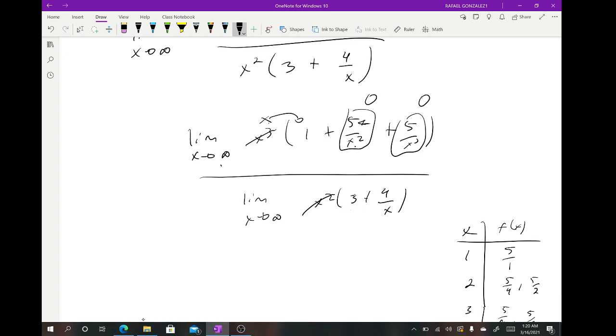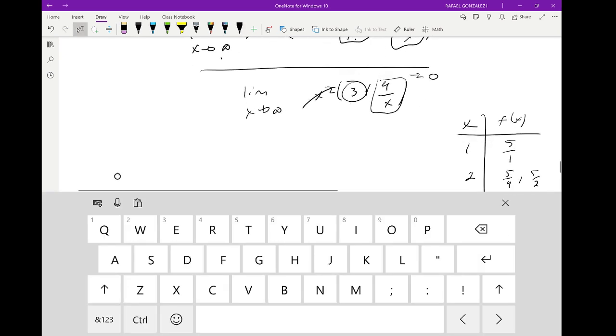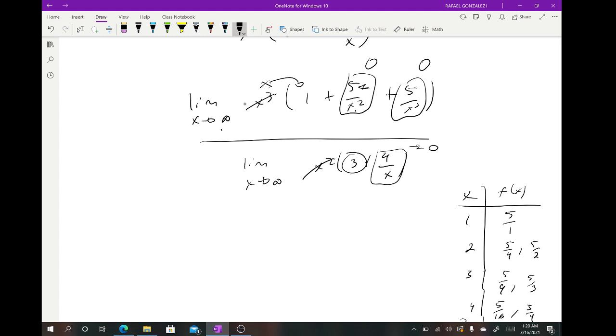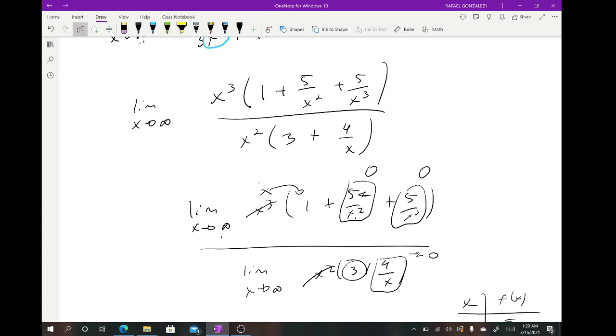In the bottom, you have 3, and because of the same reasons as before, this 4 over x is also going to limit to 0. So what you really have is the limit of the top, which is the limit as x by itself goes to infinity, which is infinity, and the limit in the bottom, which is just 3. So this is just infinity. So this limit is infinite.